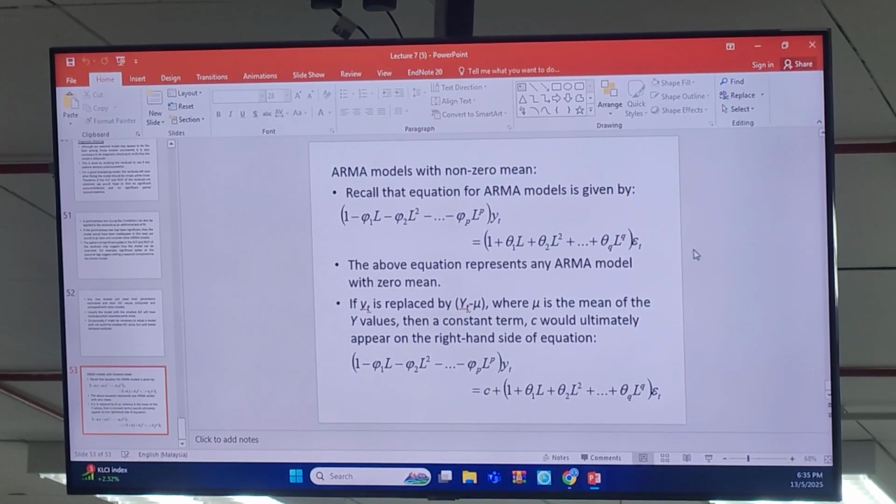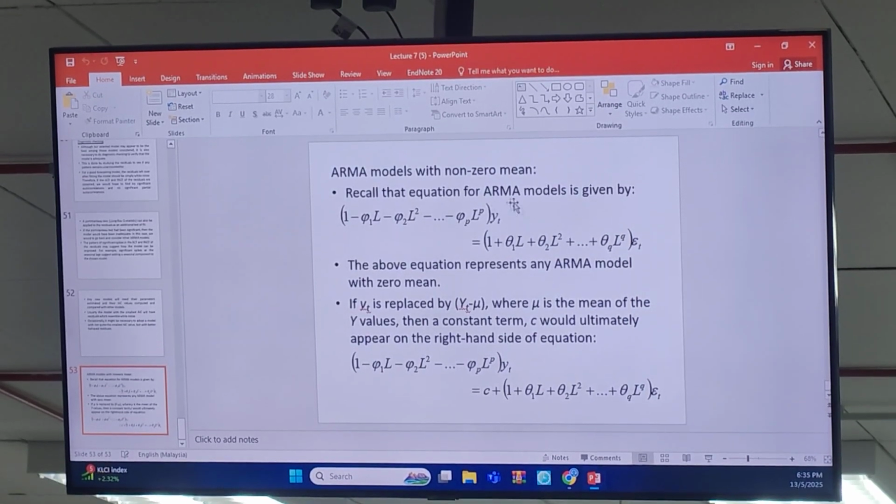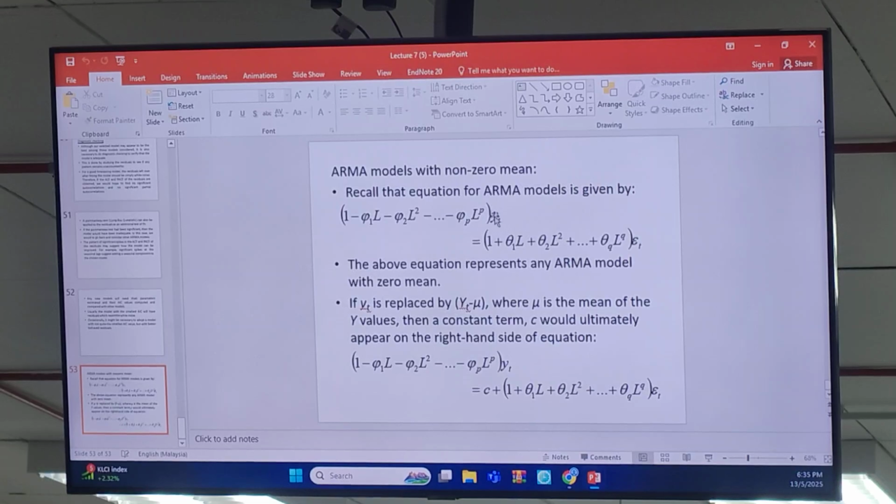ARMA model with non-zero mean. Recall that the equation for the ARMA model is given by this. The above equation represents an ARMA model with zero mean. So if the series fluctuates around zero, you use this model, the equation for Y_t. However, if the series fluctuates around a non-zero mean, not around zero, then you should use this one.